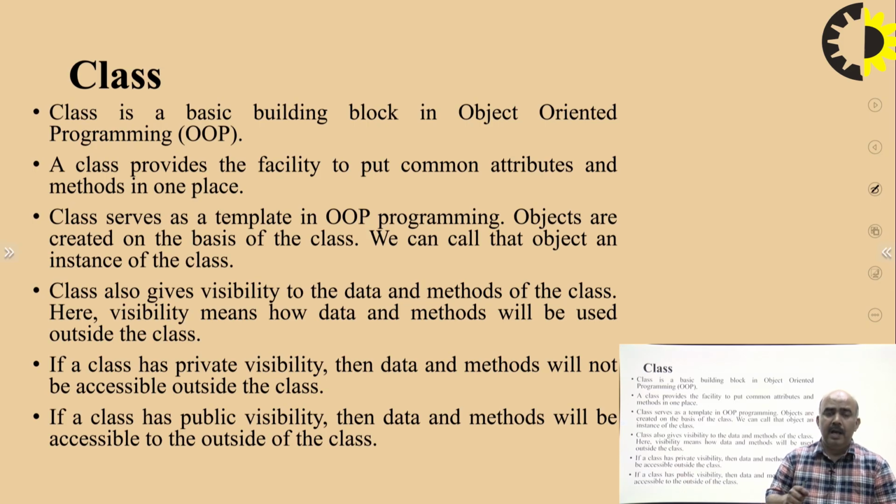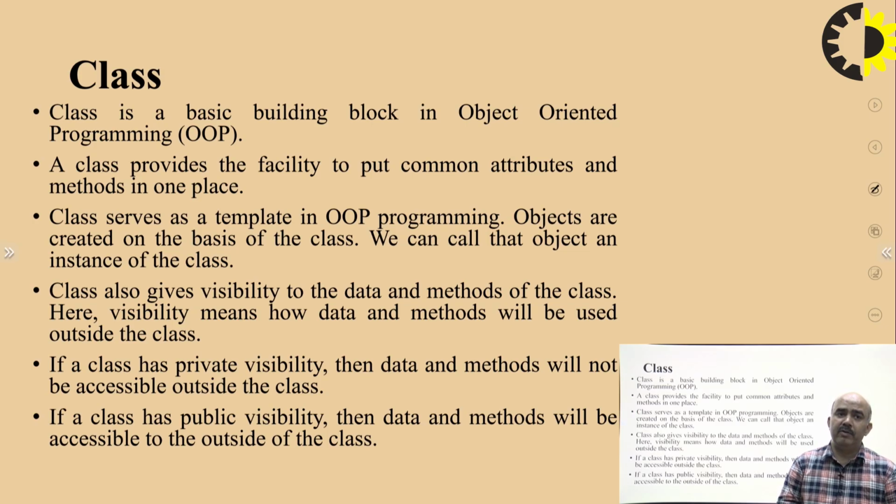On the basis of those, we create constructors for the objects, and the constructor will create an instance of that particular class, or you can say objects. A class can also give the visibility of the data and methods of the class.